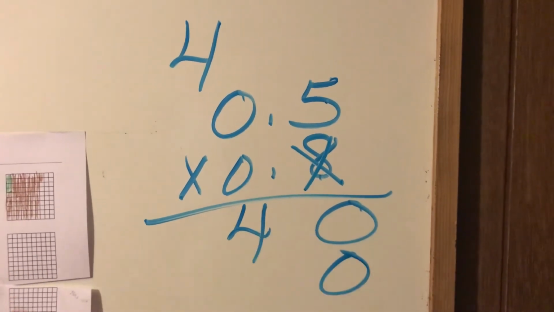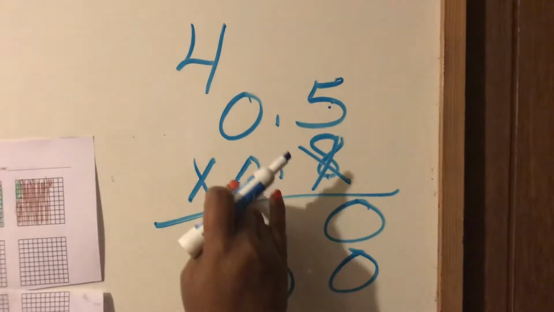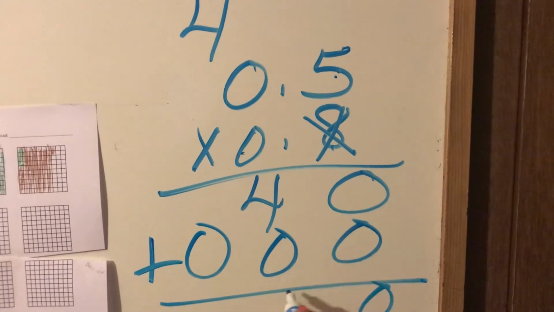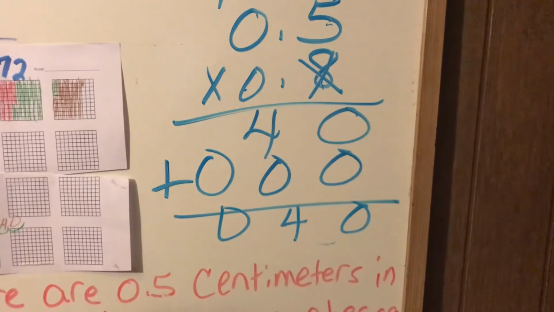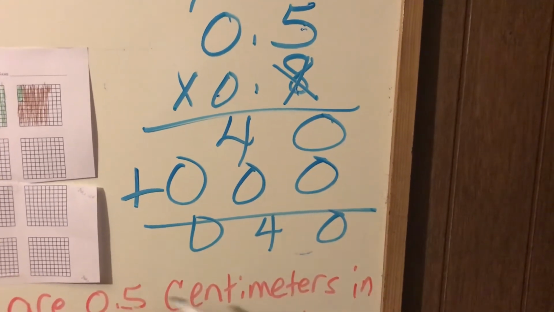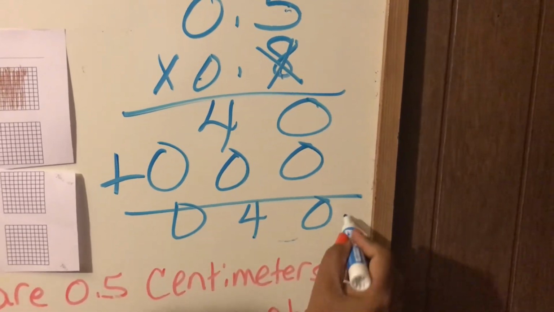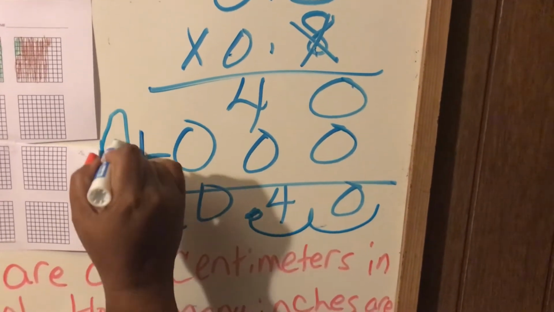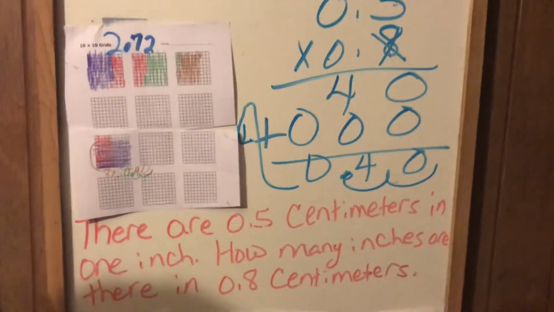Even though it's a 0, I'm going to do it to show you. 0 times 5 is 0. 0 times 0 is 0. Add it up, 0, 4, 0. Again, we've got 2 numbers behind the decimal. As I said earlier, we start from the right and move to the left. So since we have 2 numbers, we move our decimal twice. 1, 2. Wow, look at that. Our product matches the product of our grid.